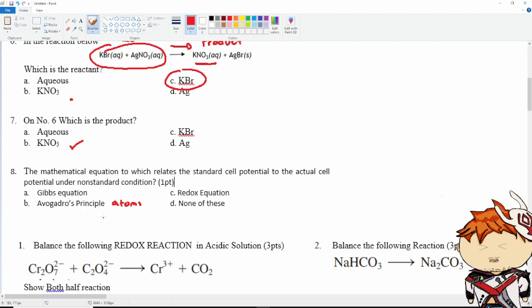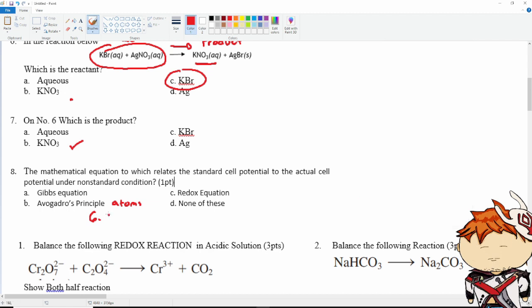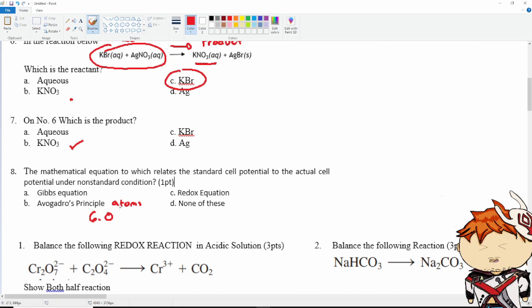Avogadro's constant says that for each 6.022 times 10 to the 23, there are atoms per molecule.